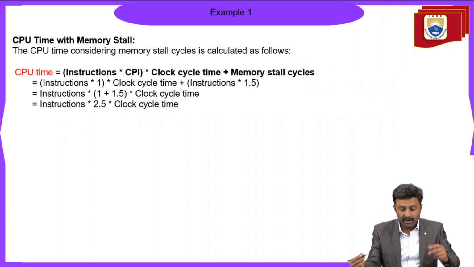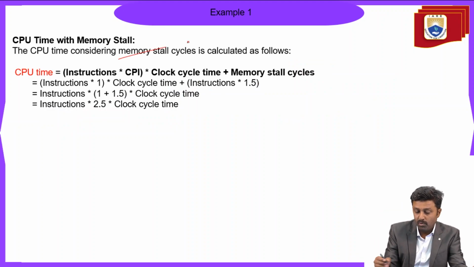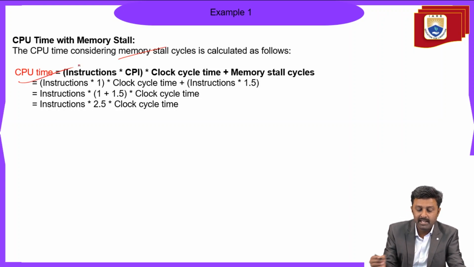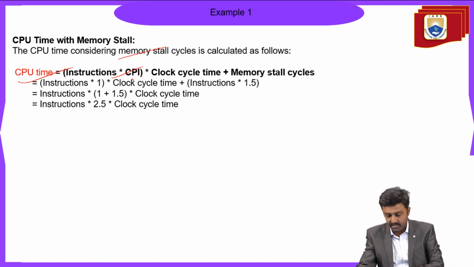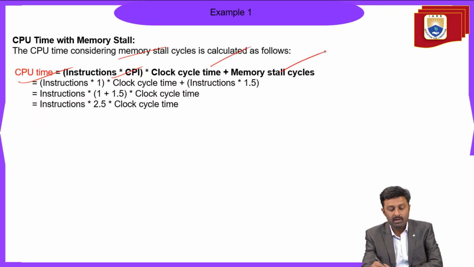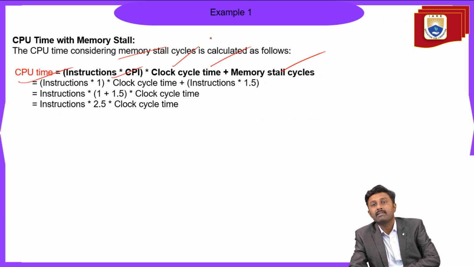So now we can calculate the total CPU time. The total CPU time for the example here is done with this formula, that is instructions into clock per instructions, then the clock cycle time and the memory stall cycles. We have calculated the clock cycle time as well as this one.